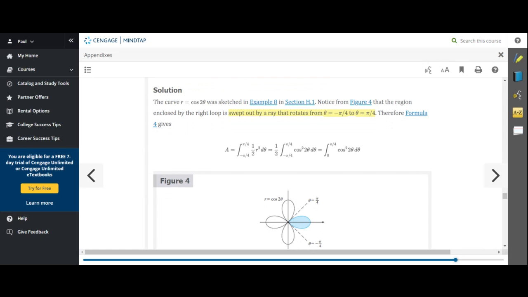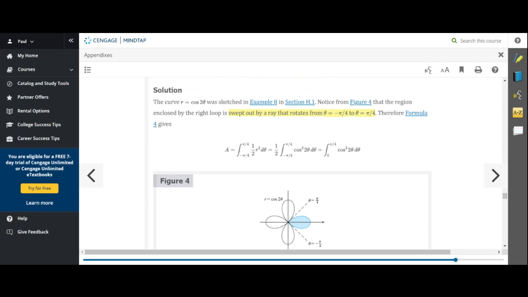If you put in negative pi over 4, 2 times negative pi over 4 is negative pi over 2. The cosine of negative pi over 2 is 0. So when you're looking in the direction of negative 45 degrees, the radius is 0. Then the radius completes a loop, and you could go to Desmos and see that makes sense.